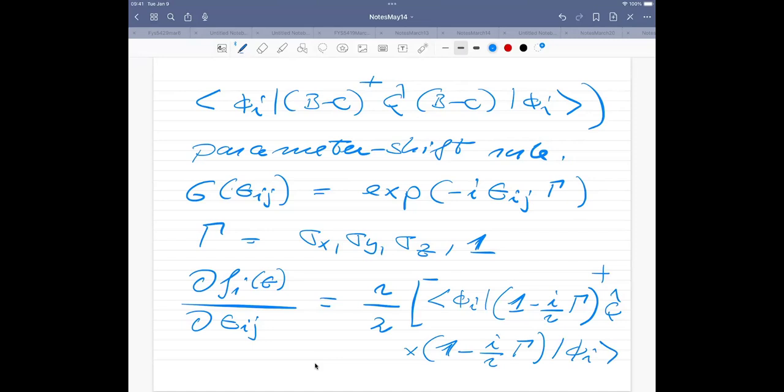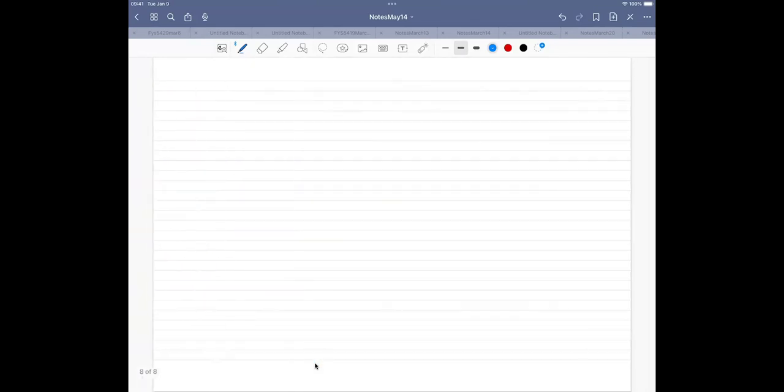And then I have an additional term. I'm just setting up the terms which we derived previously.